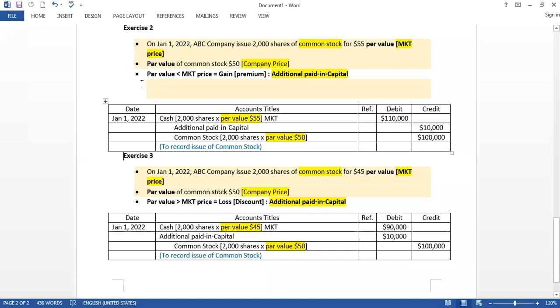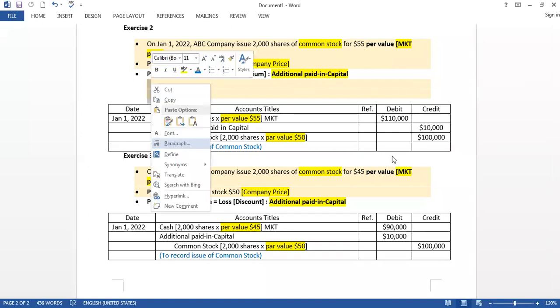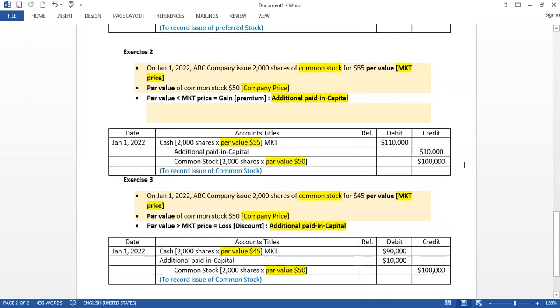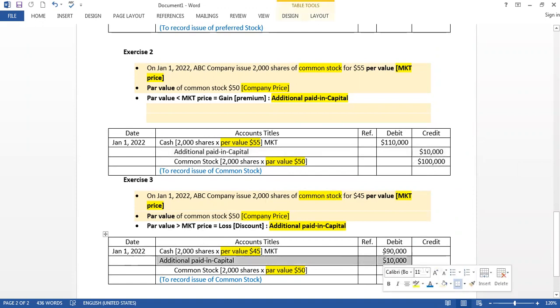It will help you to understand more clearly. Here additional paid in capital is credit, and here it is debit. Clear? So this is for gain and this is for loss.